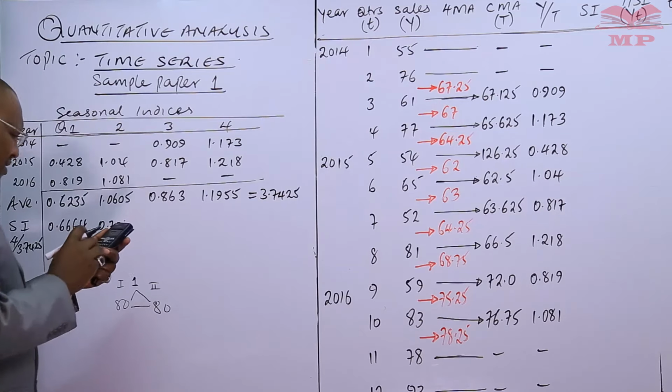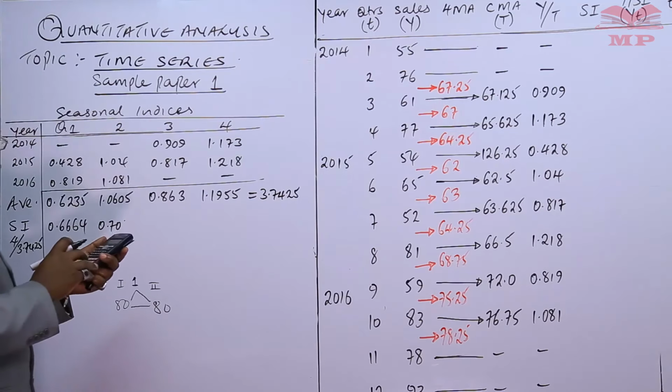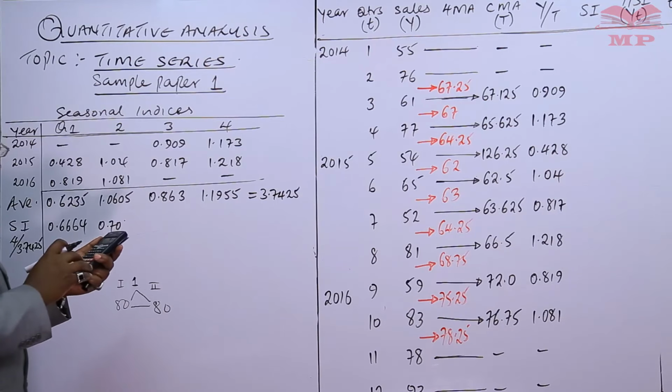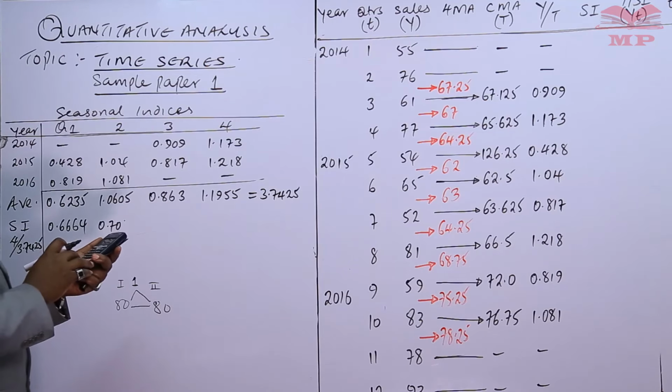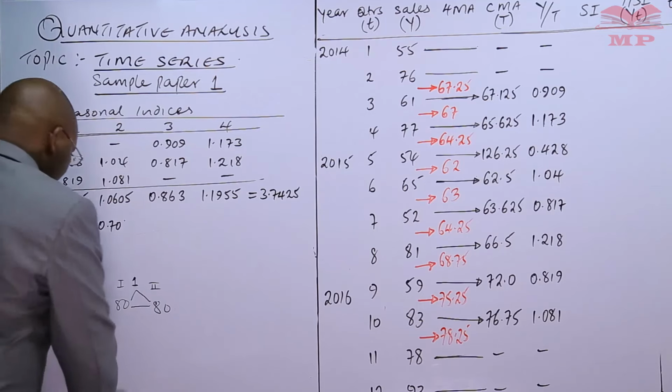This has decreased instead of increasing. It was 4 divided by 3.7425, and you multiply 1.0605, which is 1 point something exactly.